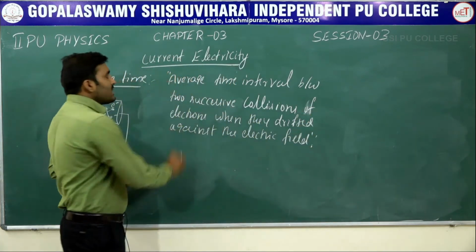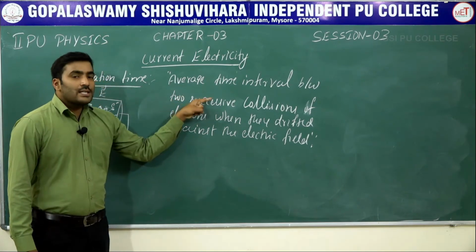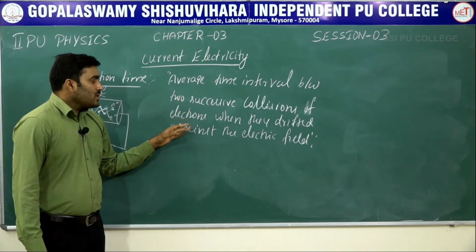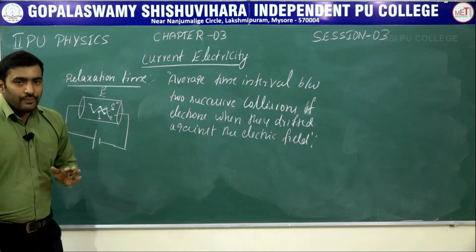This is called relaxation time. Average time interval between the two successive collisions of electrons when they are drifted against the electric field. This is the definition of relaxation time.